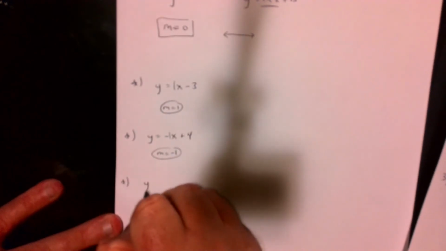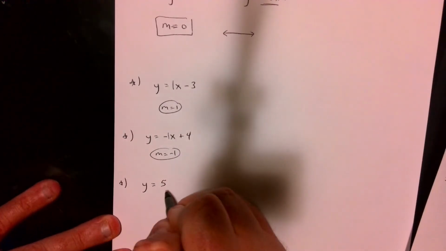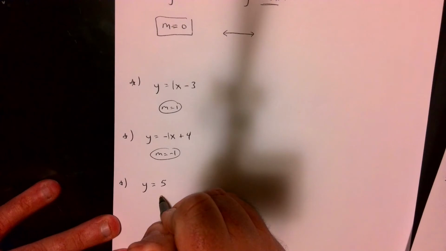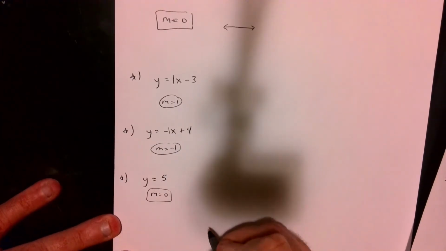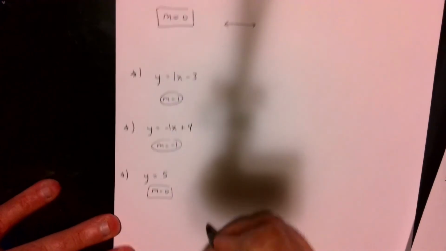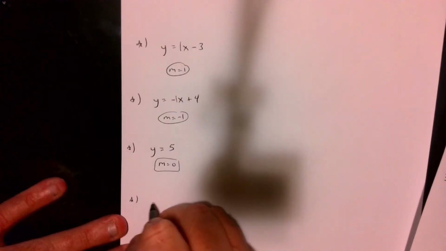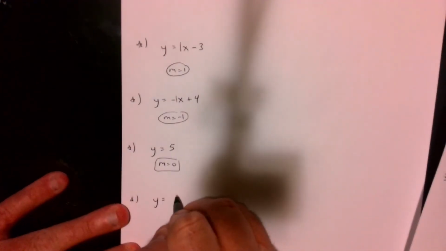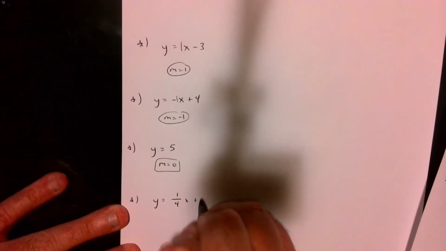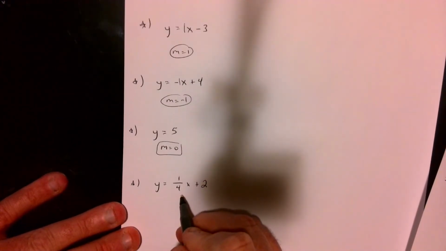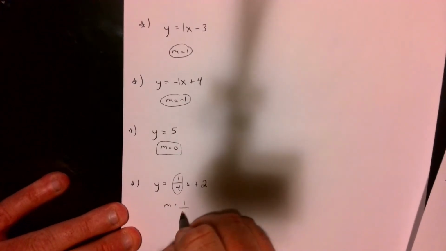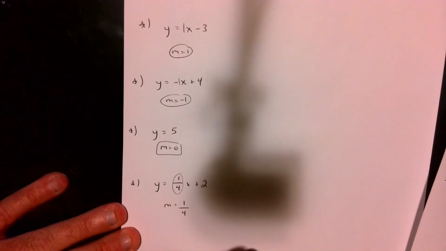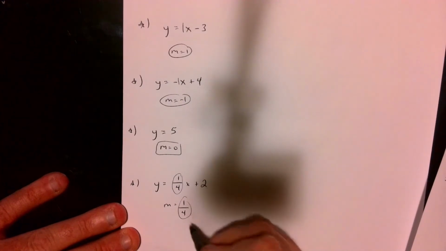If we have y equals 5, and there's no x, then our slope is 0. And if we had y equals 1/4 x plus 2, the slope is easy to spot. It sits right in front of the x. Slope is 1/4. So that is what we're looking at today in class.